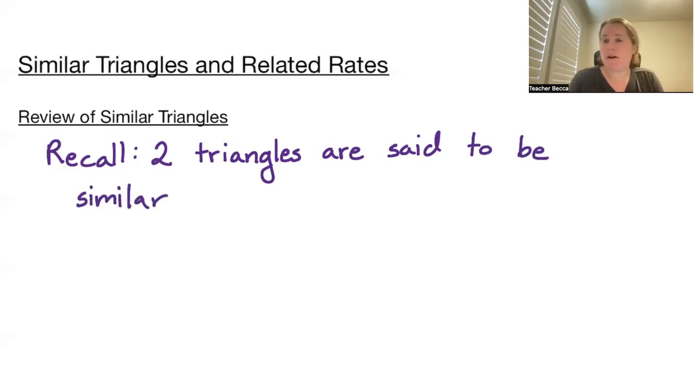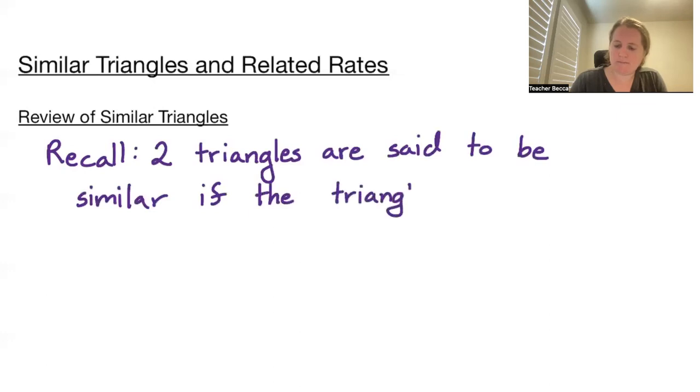if all their angles have the same measurement, right? So if the triangles have the same angles, the triangles have the same angle measurements.